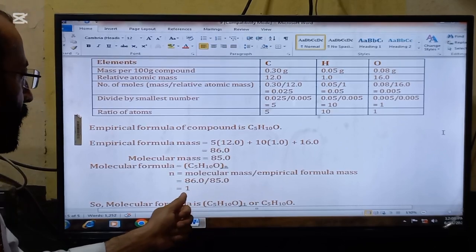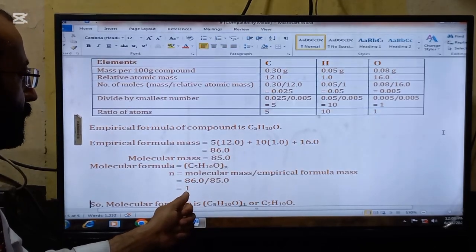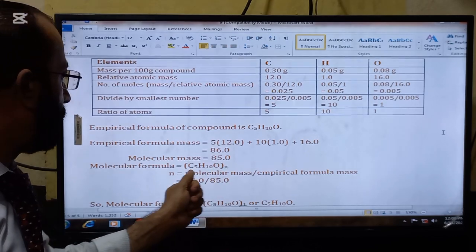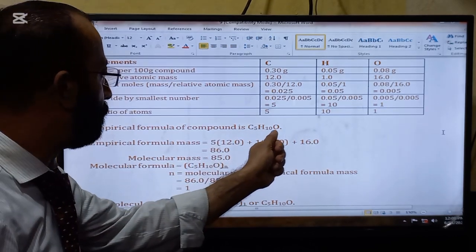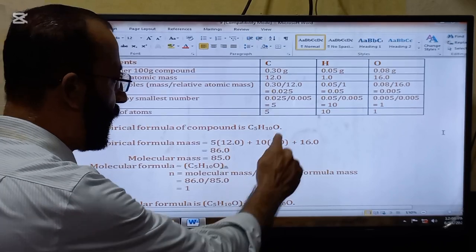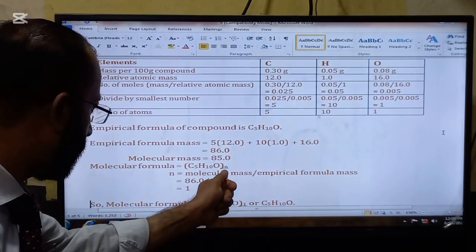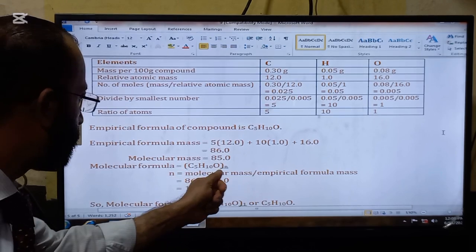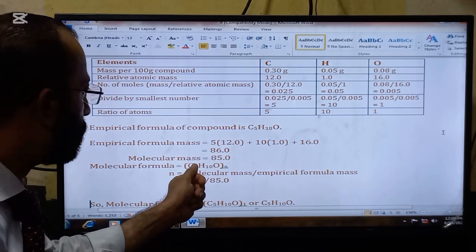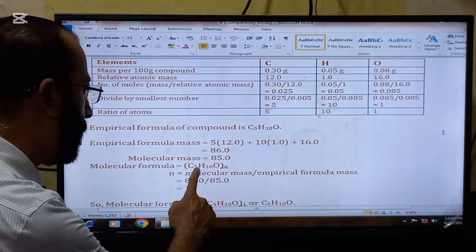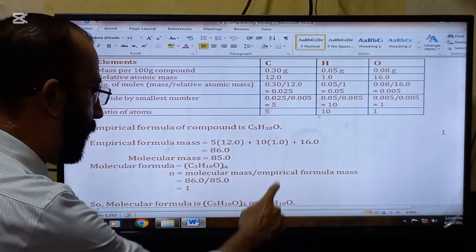So dividing them, we will get the answer 1. So we will multiply this number with the empirical formula. So put the formula into the bracket and n outside the bracket like this. Now because n is 1, 1 will be multiplied inside, so no change will be there. So the molecular formula will be the same as the empirical formula.